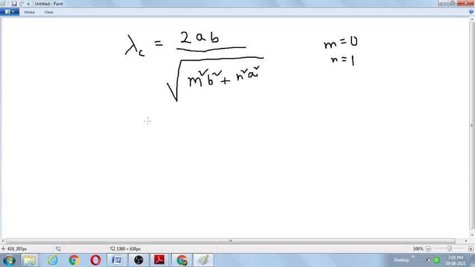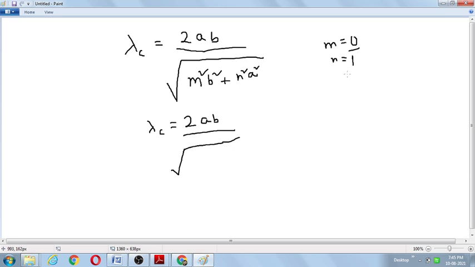So lambda c is equal to 2ab by square root of m square b square plus n square a square. Here m is equal to 0, so 0 into anything is equal to 0, therefore m square b square is equal to 0 plus n square a square.